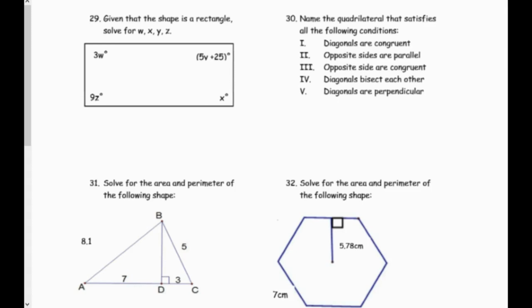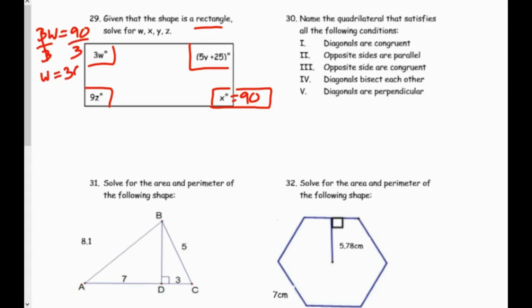Given that the shape is a rectangle, solve for W, X, Y, and Z. So again, rectangle, every one of these is a right angle. Set them equal to 90, so X equals 90. That's it. Easy. 3W equals 90. Divide by 3.